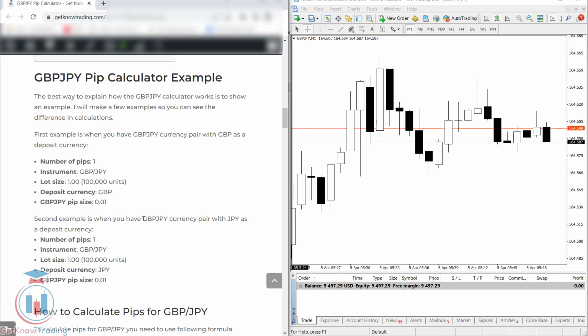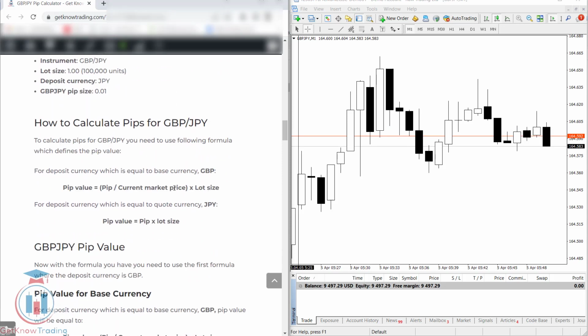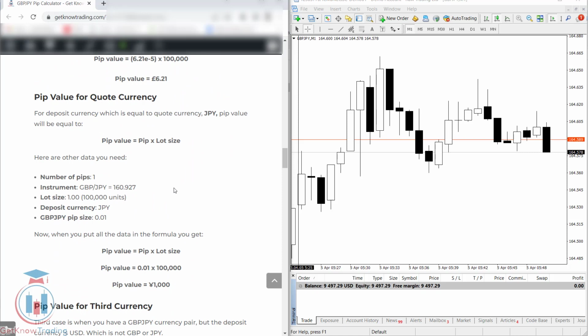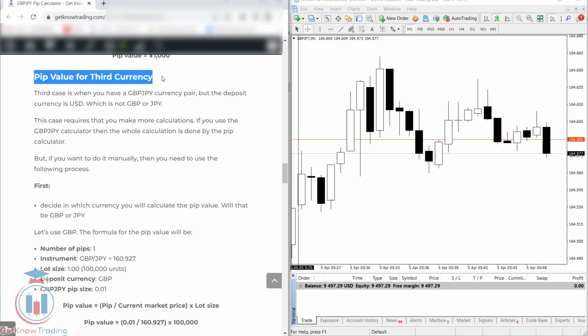Second case is GBP Japanese Yen currency pair with Japanese Yen as deposit currency. So this means you can calculate here the pip value with Japanese Yen as a deposit currency instead of USD. And then there will be a third example where you will calculate with USD, and when you go below that, you can see here a pip value for the third currency.